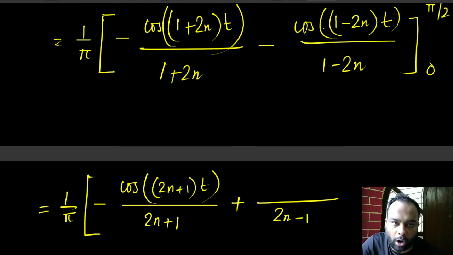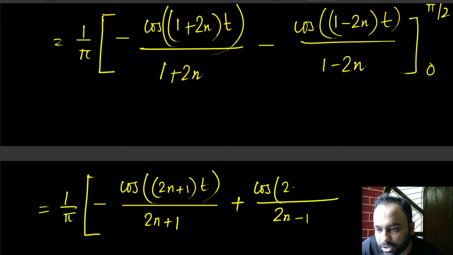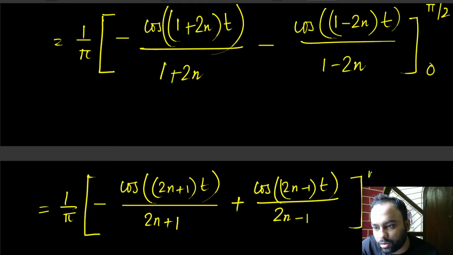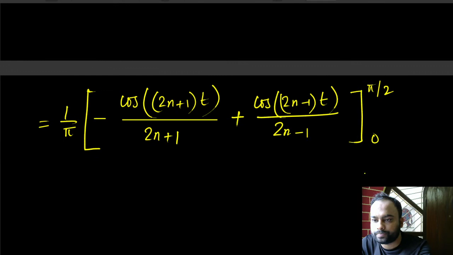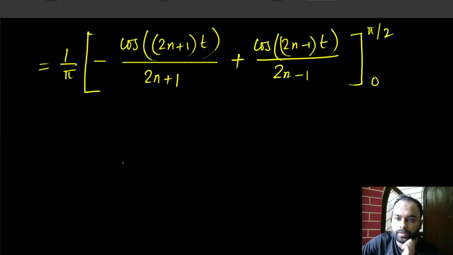And since cos is an even function, I can put a minus sign inside without harming anything, and I can write cos 2n minus 1 into t, right? And subsequently the limits are from 0 to pi by 2 as usual. There is no problem with that, right?